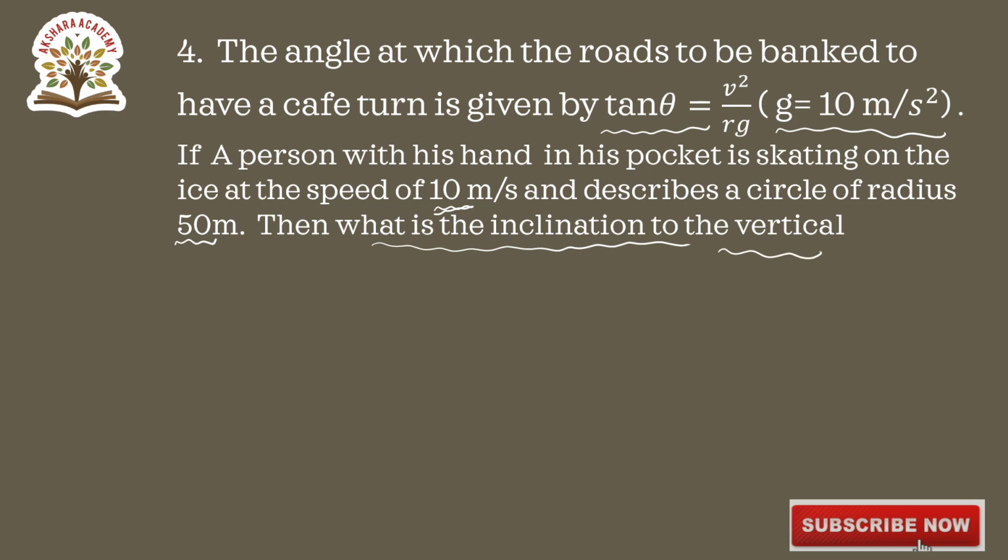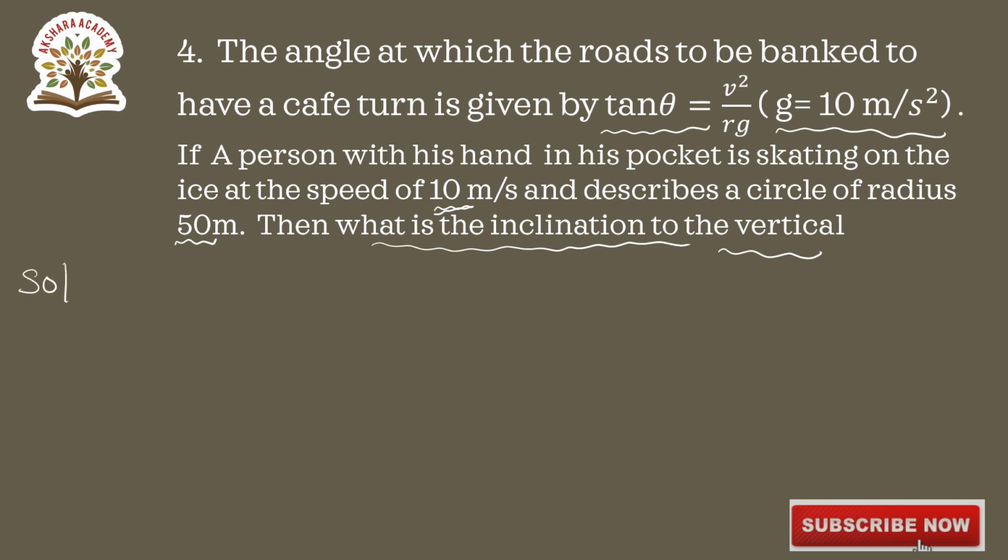Here they given speed 10 meters per second, tan theta is equal to V square by Rg and G is equal to 10 meters per second square. You have to find out the angle of inclination.